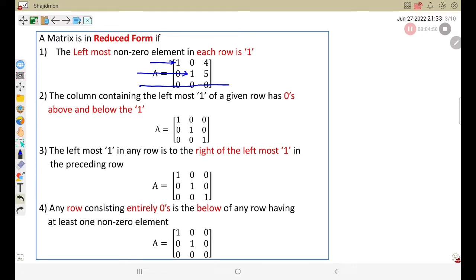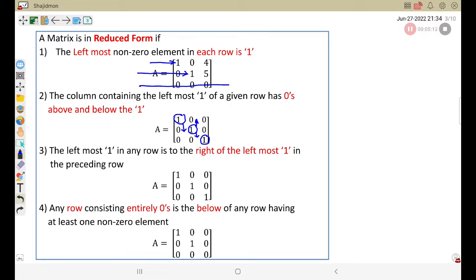Now the second property: the column containing the leftmost 1 of a given row has 0 above and below the 1. See, for example, this one has zeros below. For this one, the numbers below and above are 0. For this one, the number above is 0. So wherever the leftmost 1 comes, the numbers above and below should be zeros.